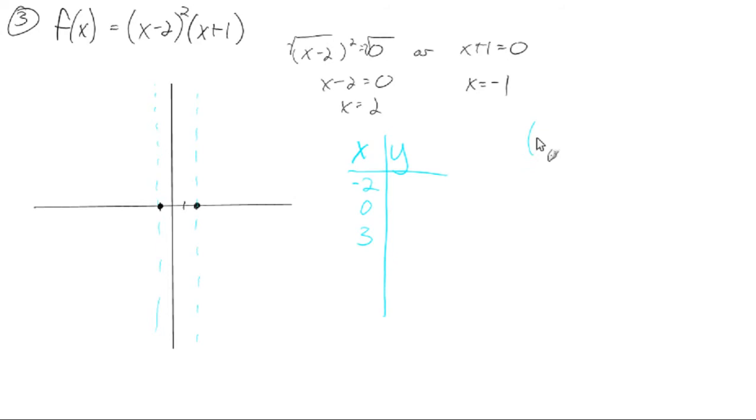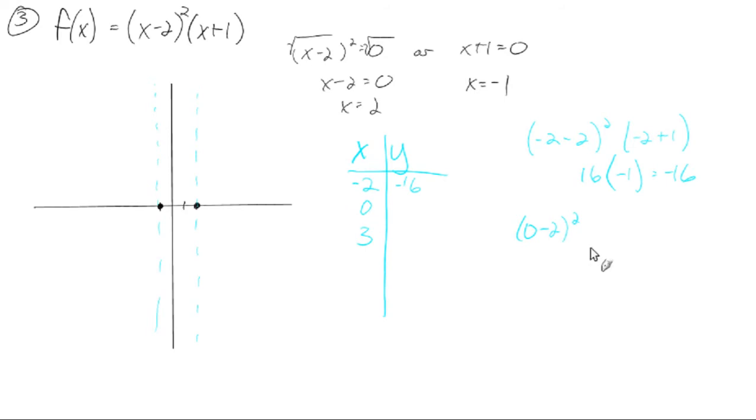So x is going to be negative 2 now. We're putting negative 2 in for x. x minus 2 squared times x plus 1. What do we have here? We have negative 2 minus 2, that's negative 4. Negative 4 squared is 16. We multiply that by negative 1, so we get negative 16. There we go. 0 minus 2 squared.